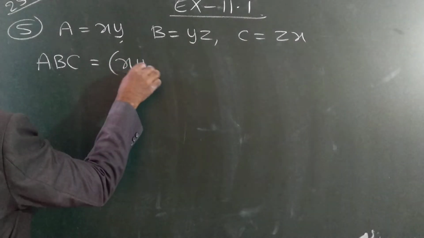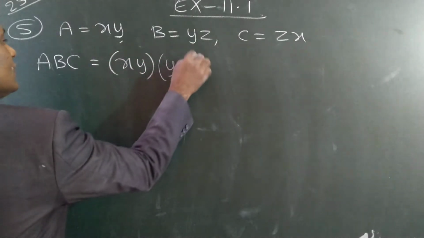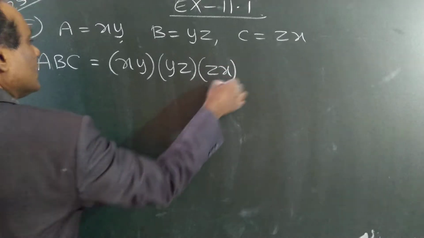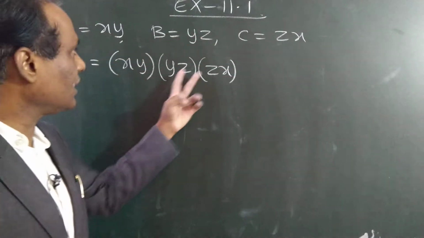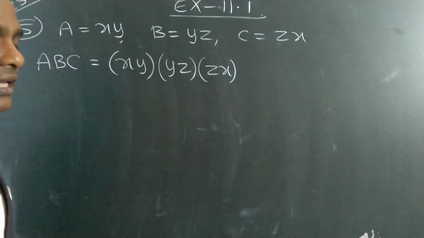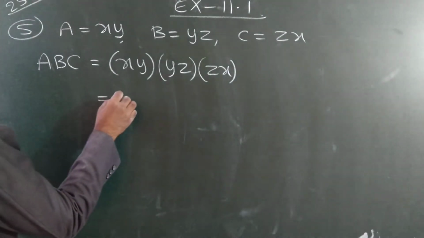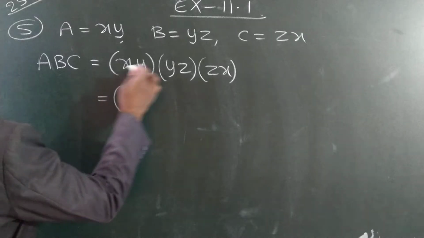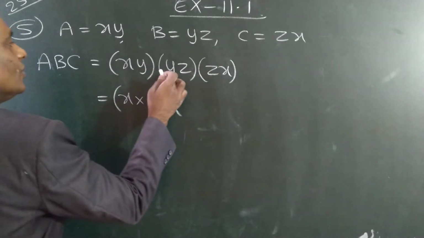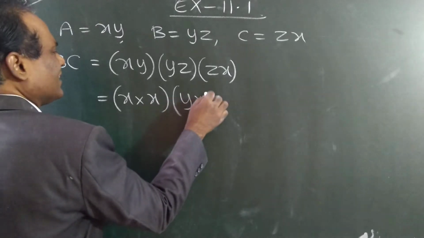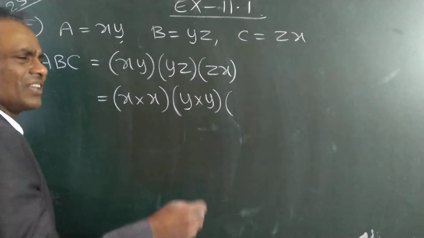A is xy, B is yz, C is zx. A into B into C, that is xy into yz into zx. Now, X into X I will write here. Y into Y also we can write directly, but I am writing some extra steps.